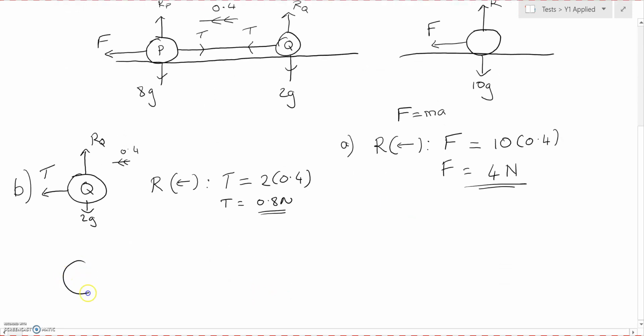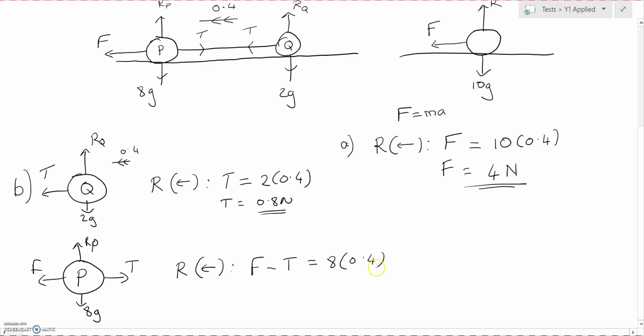I'll just quickly show you with P as well. If I take P, P has got an F going to the left, T going to the right, a reaction going up, and has a weight of 8g. Again, taking the resultant to the left, it's got an F newton force going to the left and T going to the right, so we're going to do F minus T to get the resultant, and that's equal to mass, which is 8, times acceleration, which is 0.4.